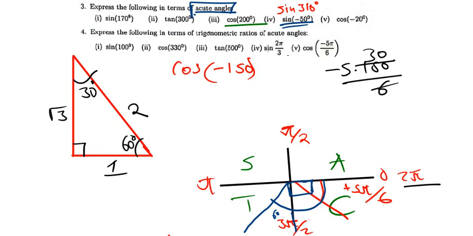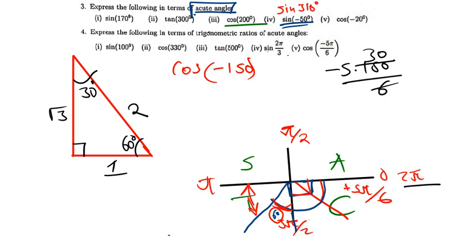Now the angle that we're interested in is this angle. And how do we find it? Since we've already moved by 60 within the third quadrant, this is 60, because here it's 90.